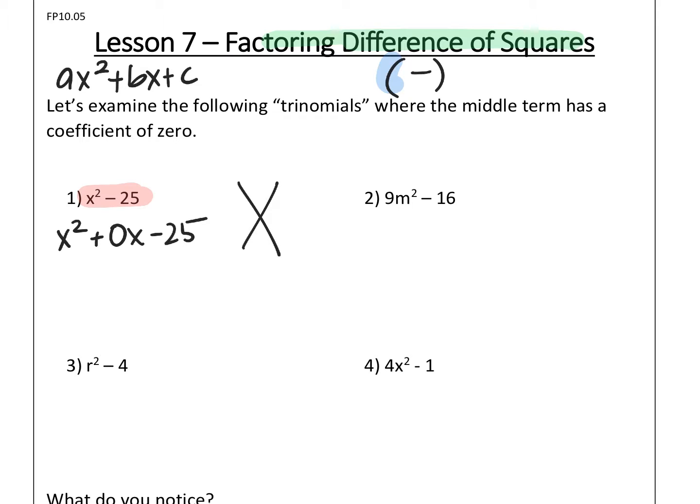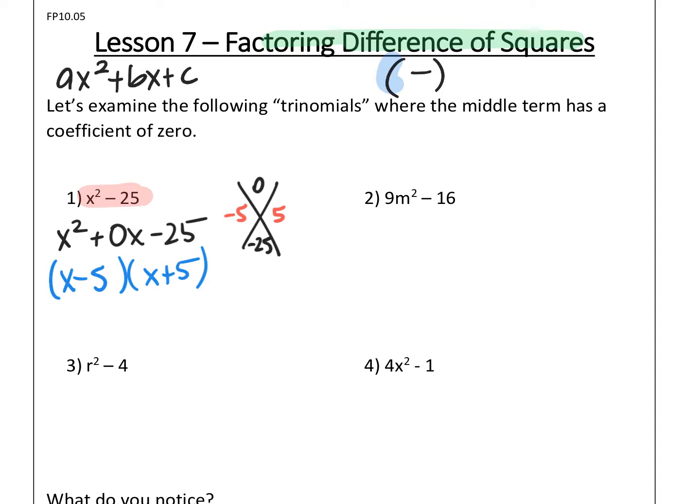So now if I go to my cross rule and my sum is 0 and my product is negative 25, my two numbers that are going to work are negative 5 and positive 5. And because this is the shortcut, the coefficient at the front is a 1, so I can just pop these in here: x minus 5, x plus 5.